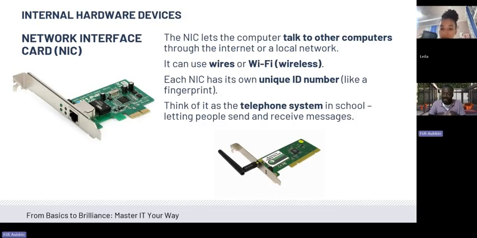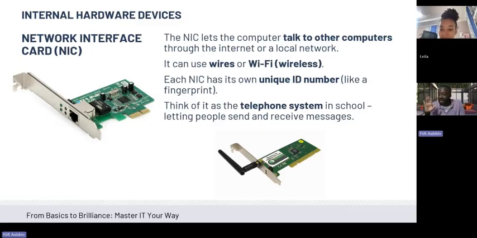So each NIC has its own unique ID number, like a what? A fingerprint, which is the MAC address. So there is nowhere on this planet Earth that you have a network interface card with the same ID, just like human beings, we don't have the same fingerprint.